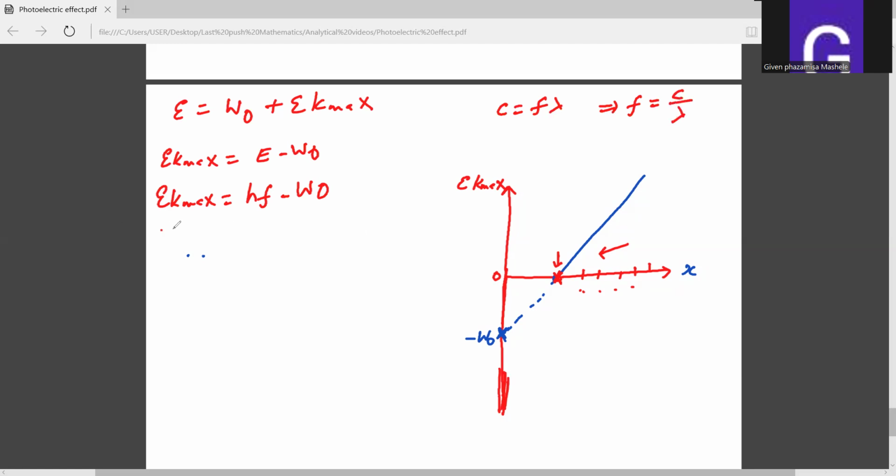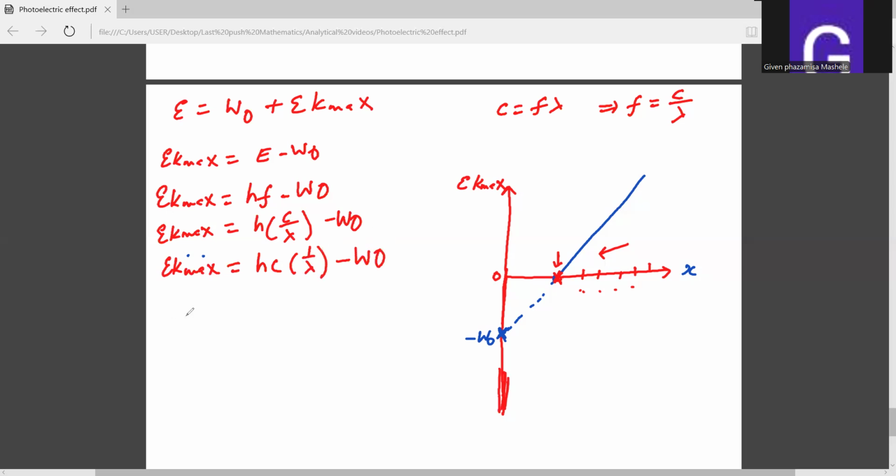So we're going to have EK maximum equals H into C over lambda minus W naught. So this will be HC multiplied by 1 over lambda, 1 over lambda, not the X, I apologize, minus W naught.